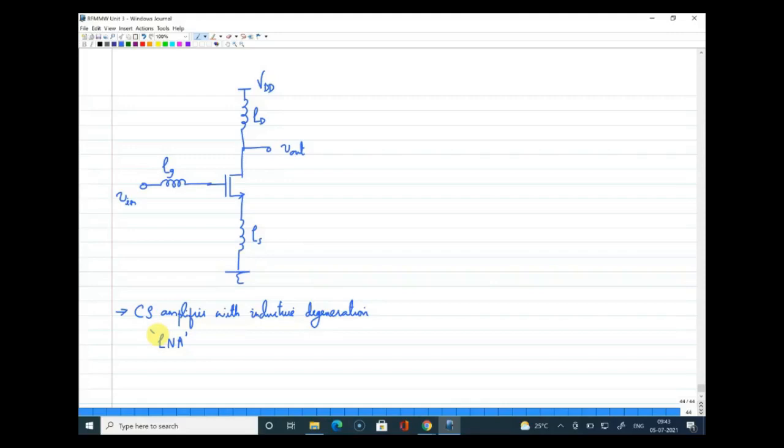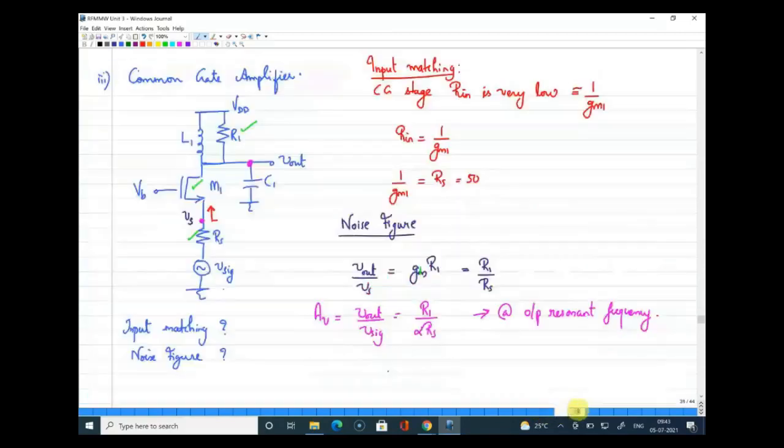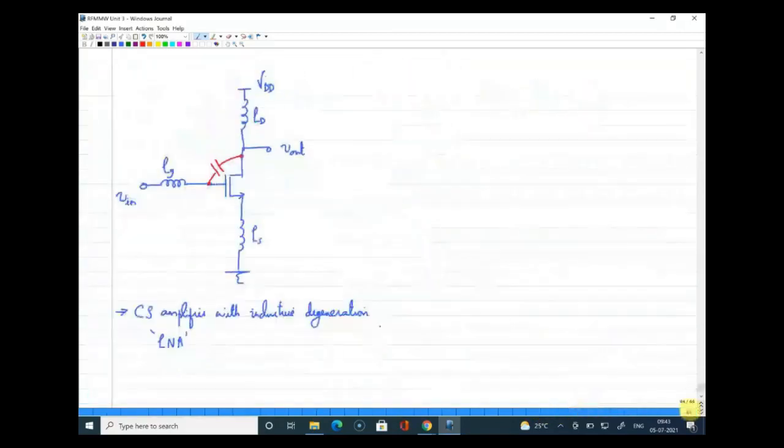But another thing observed with the circuit is that there is a CGD capacitance present between the gate and drain. If you look at the structure, the input and the output node can interact through this CGD capacitance. If you remember, when I started the first architecture, even there I mentioned the negative resistance which comes up. So here this CGD can result in some form of instability.